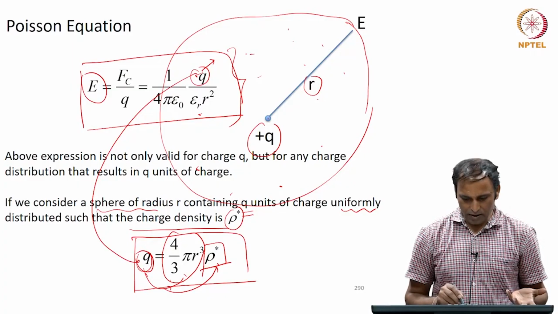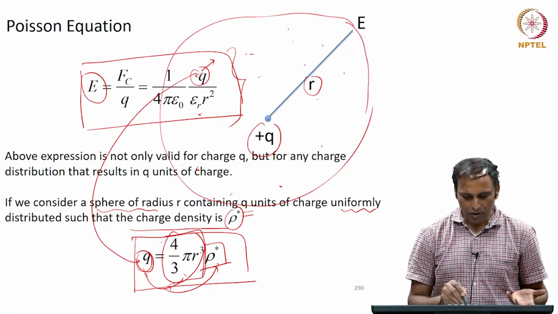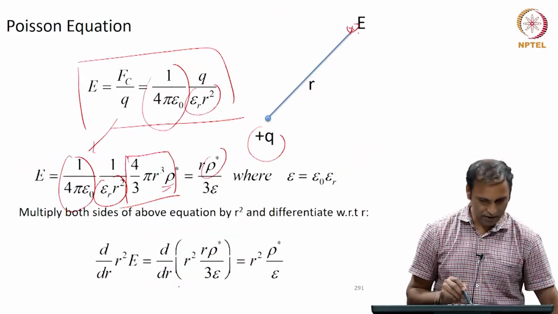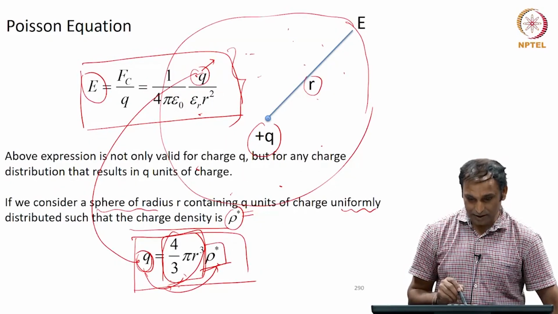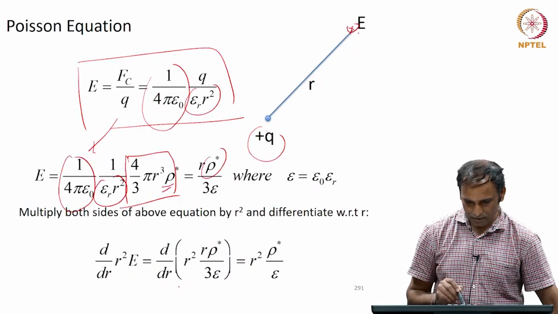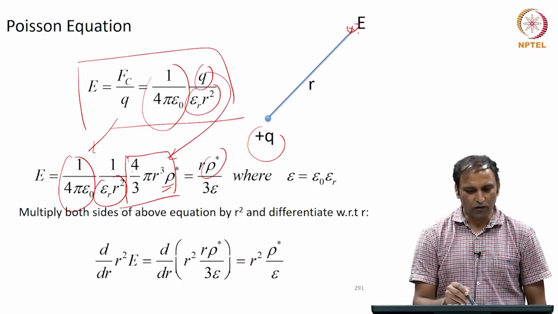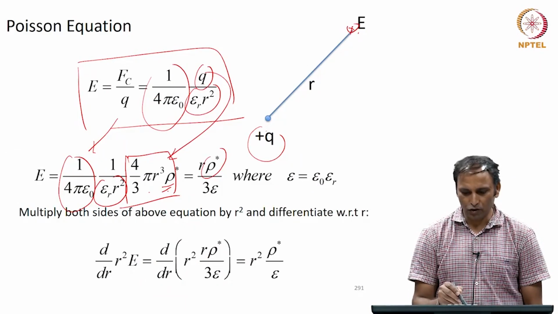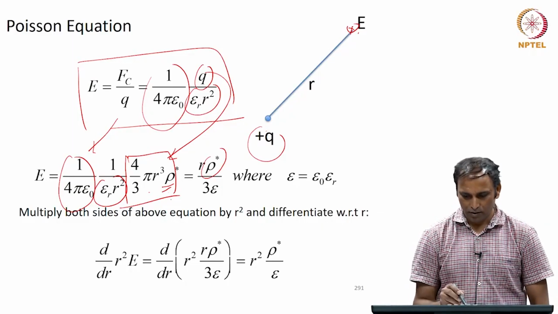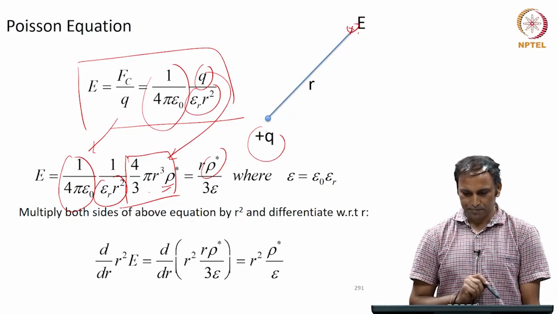That is given by the volume multiplied by the charge density. Instead of q, I am replacing that with 4 by 3 pi r cube into rho star. Is it okay?